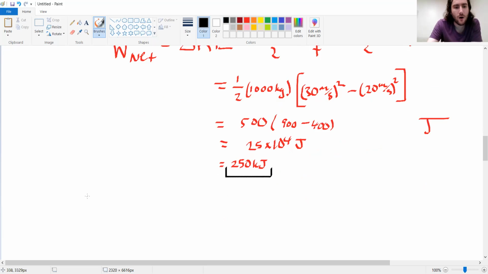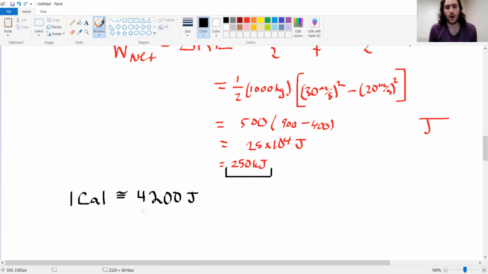So I now pose to you the following conversion factor. 1 dietary calorie is equal to roughly 4,200 joules. Now I'd like you to calculate this answer in terms of calories. So this is a unit conversion problem.